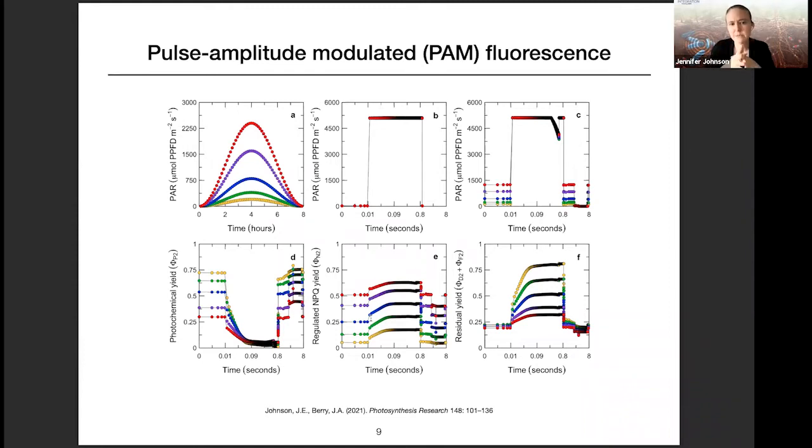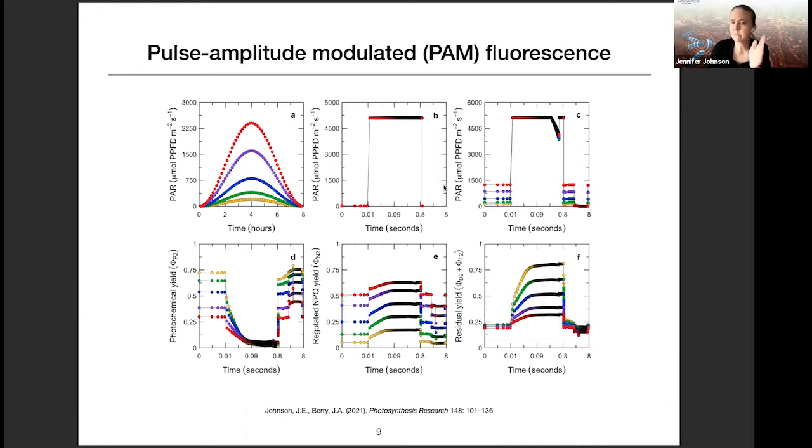The experiment was very simple. It involved exposing single leaves to sine waves of light, which are shown here in panel A. Each sine wave lasted for an 8-hour period. And every 10 minutes or so over that period, the leaf was analyzed with the PAM technique.